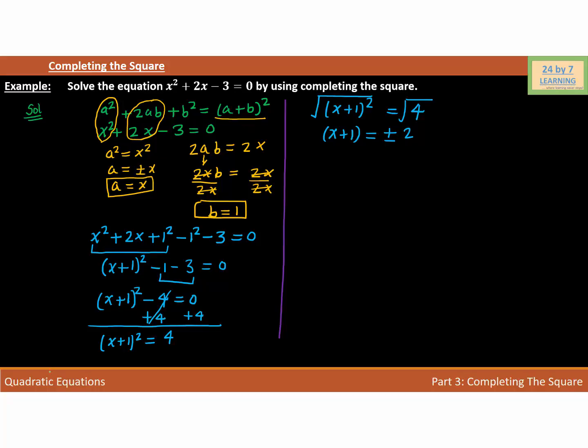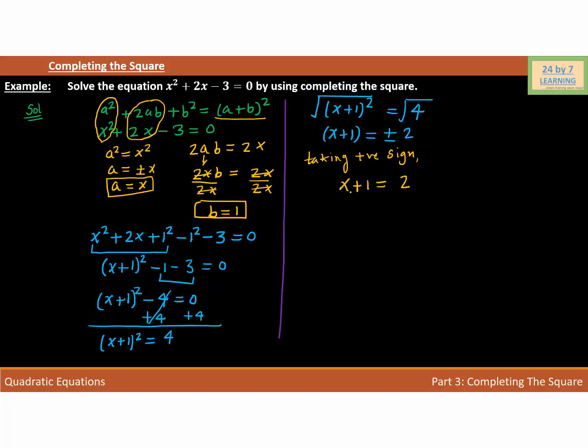So I'm going to separate these two expressions. So I will write taking positive sign, and if I do that, I will write x plus 1 is equal to 2.